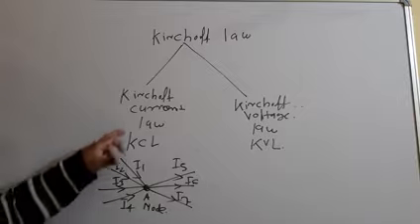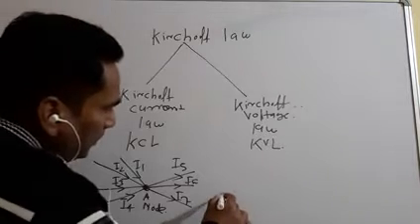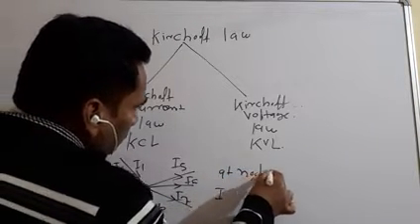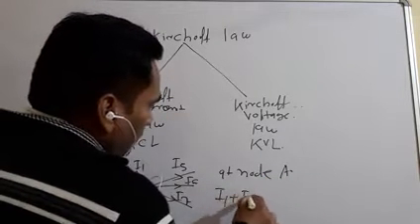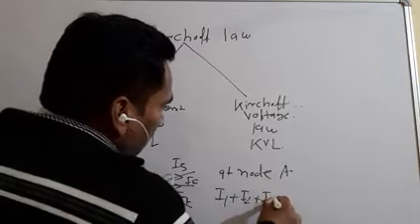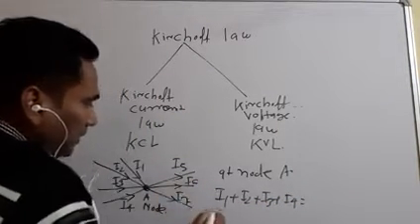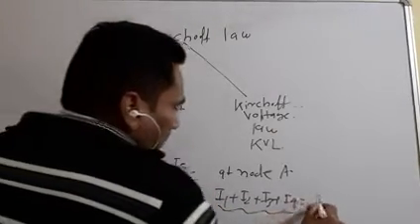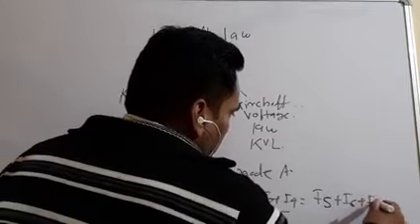So according to the statement of KCL, we can write at node A, I1 plus I2 plus I3 plus I4 is equal to I5 plus I6 plus I7.